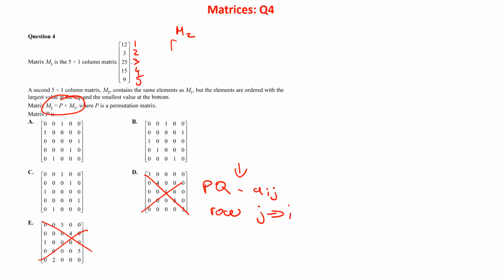So if I redrew that, it's going to be 25, 15, 12, 9, and 3. Let's change colors here for a moment, so it's really obvious what I'm looking at. 1, 2, 3, 4, 5. Oops, that should be a 4. And let's give these some numbers here, 1, 2, 3, 4, 5.